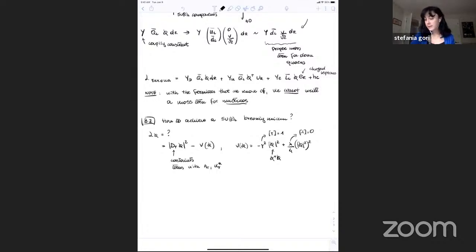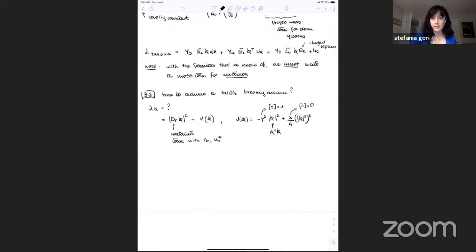Now, this is a scalar function, and we can study it and see where this potential develops a minimum. So first, let me write that this is gauge invariant. I already said it in words, but what we can do is to minimize V of phi.